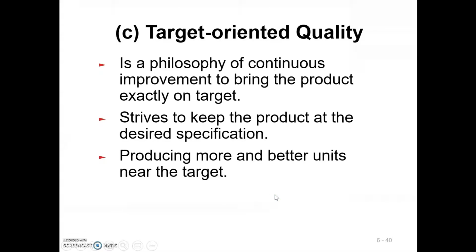Next, we have target-oriented quality. This is a philosophy of continuous improvement to bring the product exactly on target. So it strives to keep the product at the desired specification, where you're producing more and better units near the target.